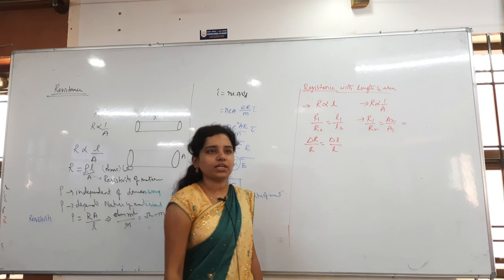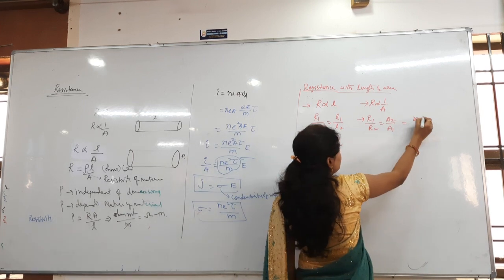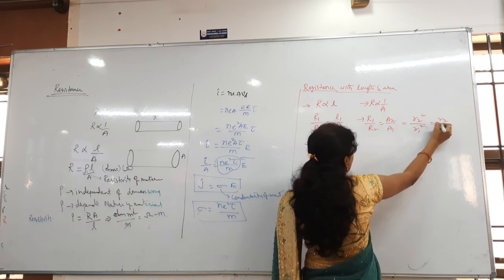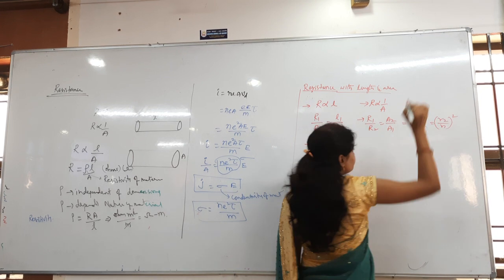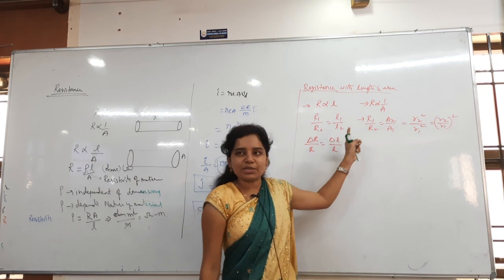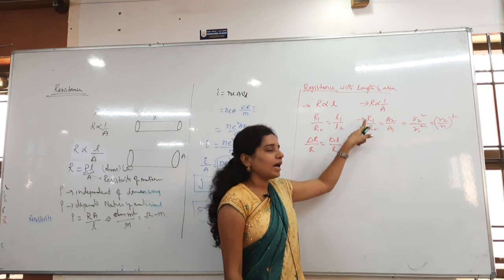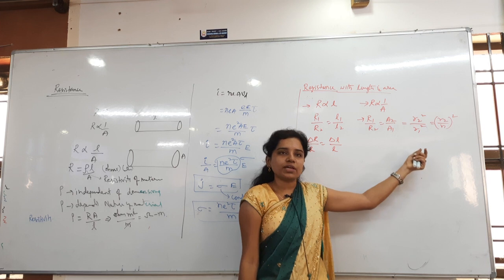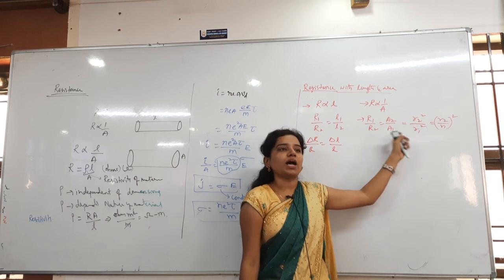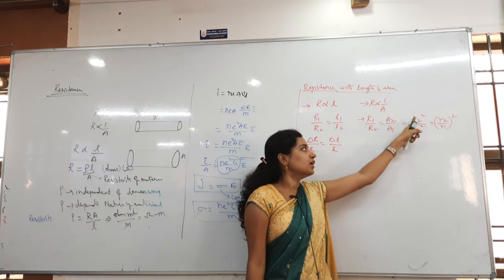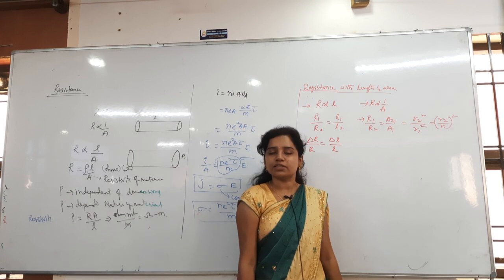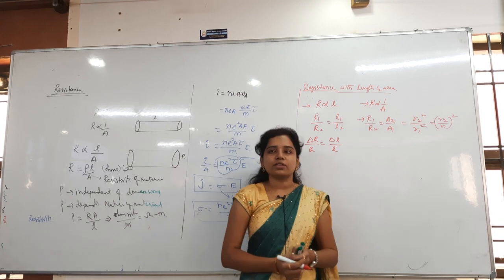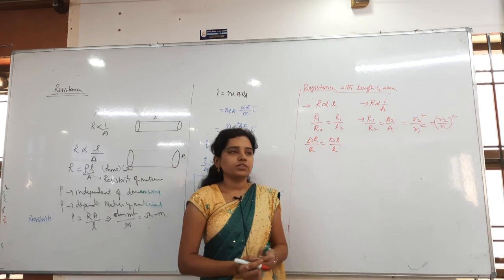So A2 is pi R2 square and A1 is pi R1 square. Pi gets cancelled, and we get R2 by R1 whole square. And also, if there is a small change in the radius of the wire, then what will we get here?